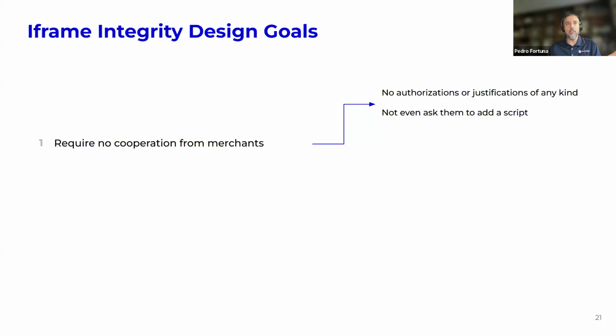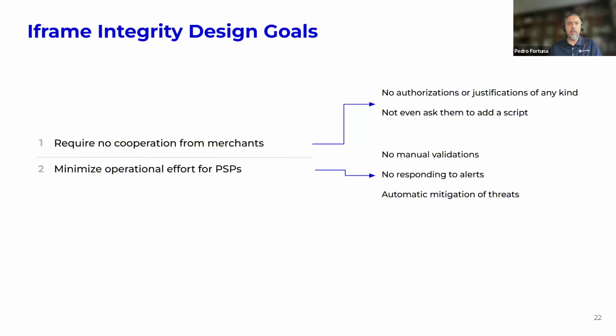Even asking merchants to add a script to their parent page would be problematic, given the potentially large number of these small merchants that would be covered by the solution. And another design goal is that ideally, PSPs should not need to do anything on a day-to-day basis unless something really problematic happens, like a security incident, which we assume wouldn't be an everyday event.